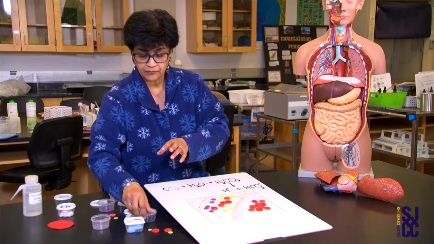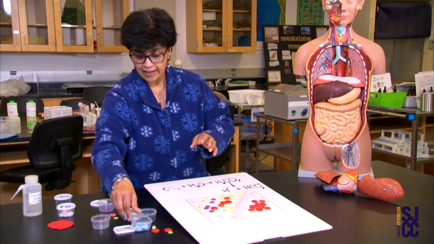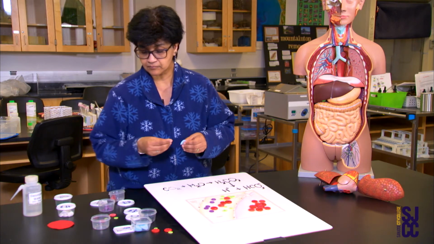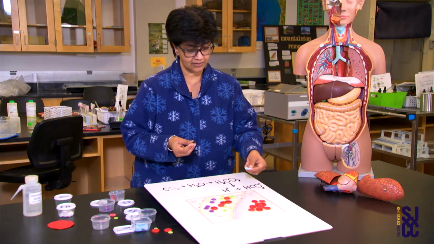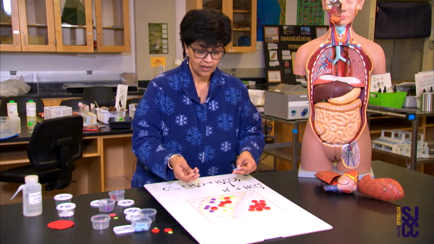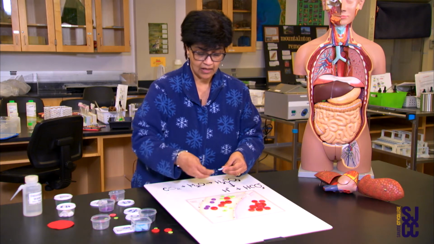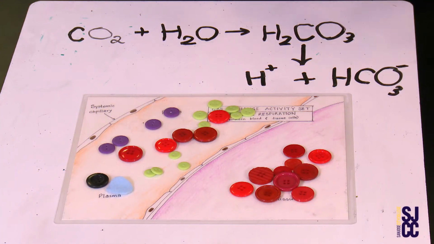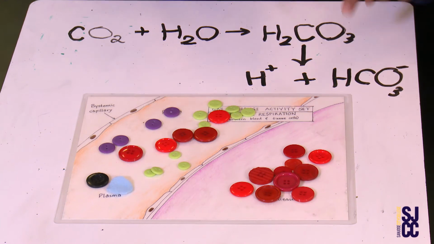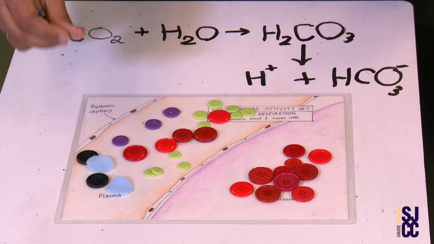So I'm going to represent H plus with a black button and HCO3 minus with the blue button. So every time I remove a purple button, I can replace it with H plus and HCO3 minus. Another one, replace it with another H plus and HCO3 minus.